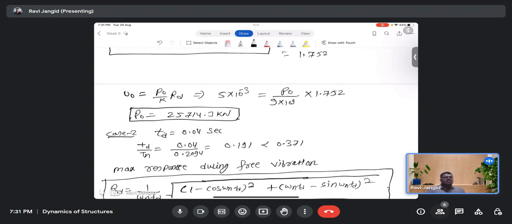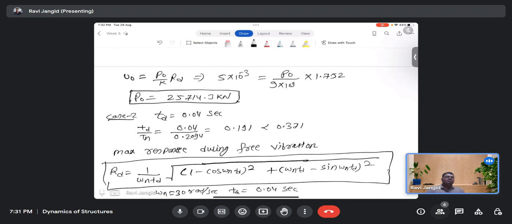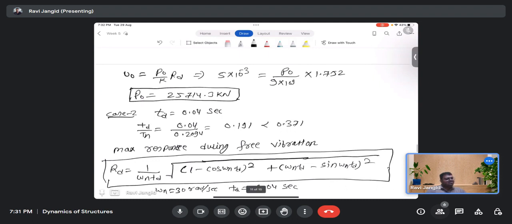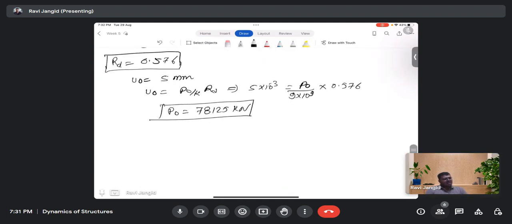You can try it with, if we compare with 0.25, then you can find out this I by m omega n. Try with that whether you are able to find out the u naught or not. Because actually, this is for a triangular blast loading, right? So I by m omega n.